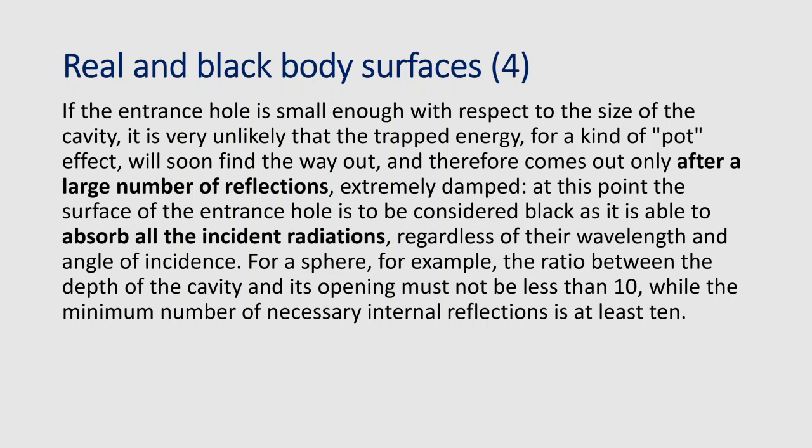At this point, the surface of the entrance hole is to be considered black and is able to absorb all the incident radiation regardless of wavelength and angle of incidence.